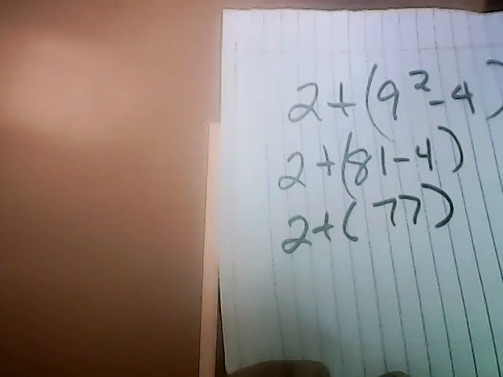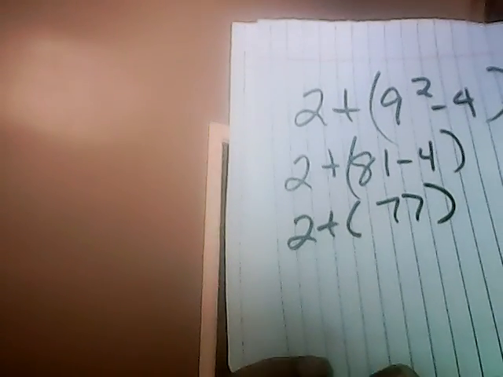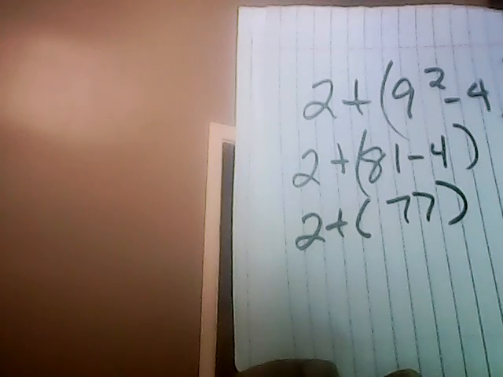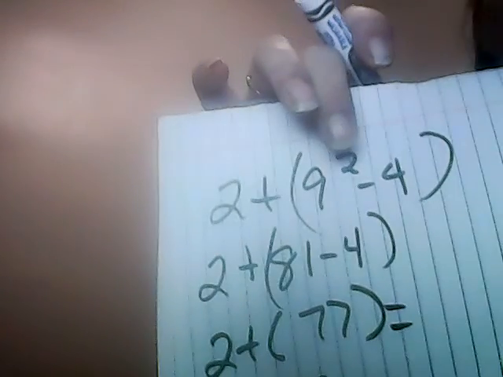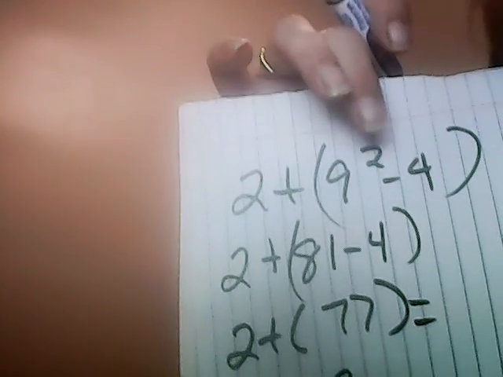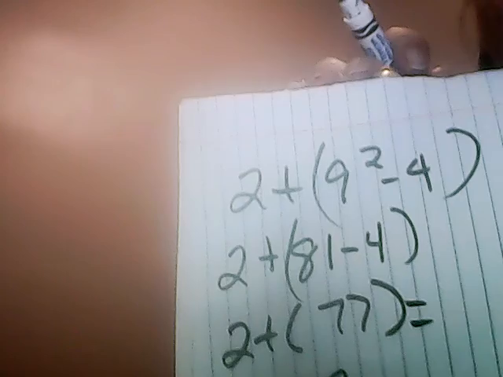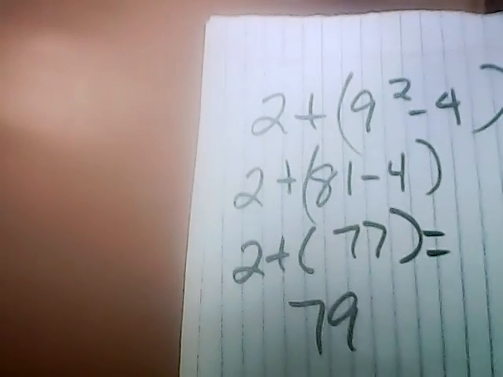And now we're going to add the 2 to the 77, and we know that 2 plus 77 is 79. So anything inside the parentheses, if it's an exponent, must be done first, finished off in the parentheses, and then you can continue through with the remainder of the PEMDAS rule.